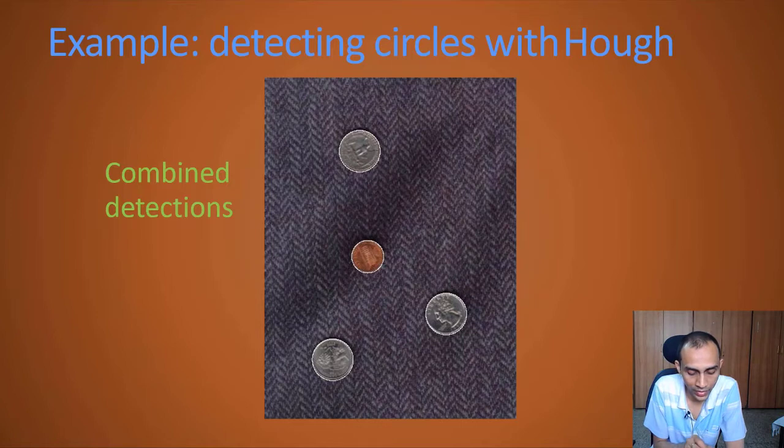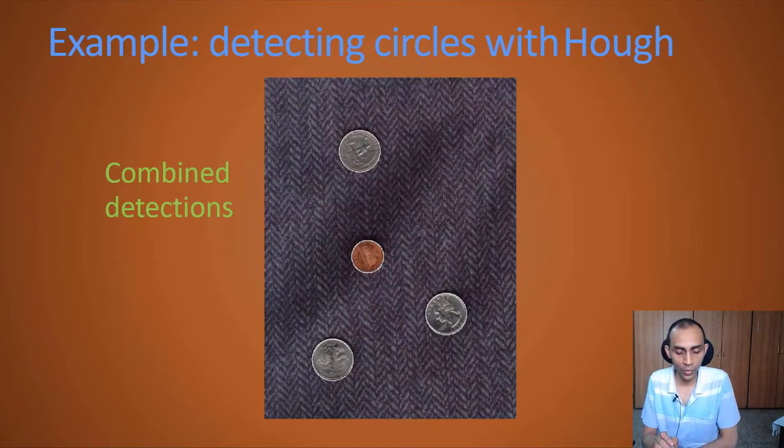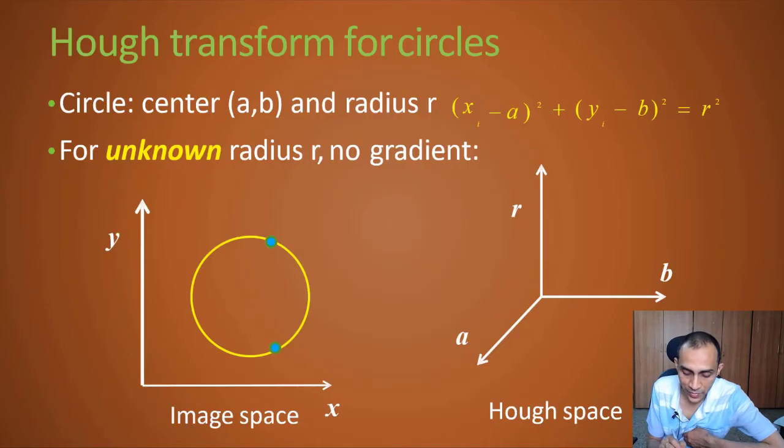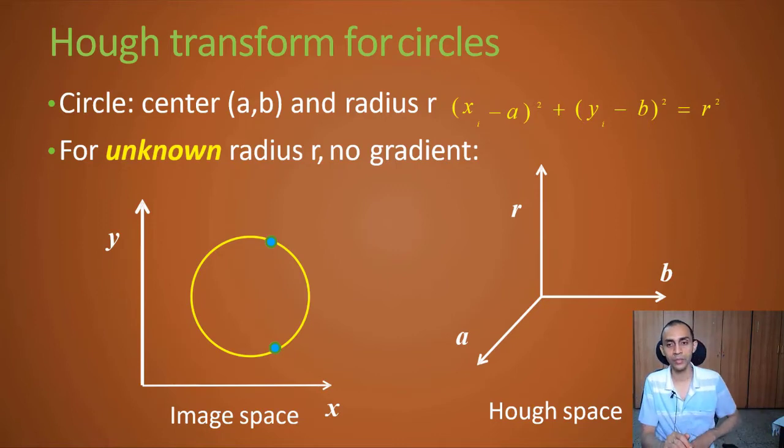So how will you handle that situation? Then in that case, you have no option but to expand your accumulator space. Your parameter space will now be 3-dimensional, with radius becoming the 3rd dimension. So you have A and B as usual, but now radius will become the 3rd dimension. So now what will happen to the correspondence?